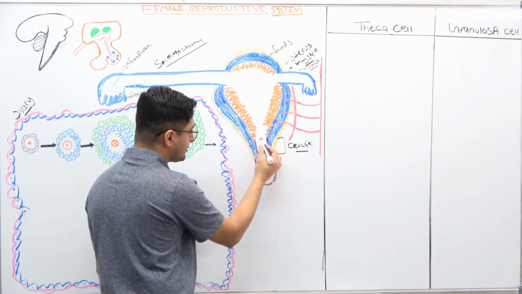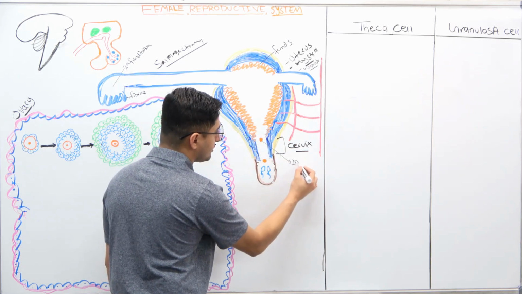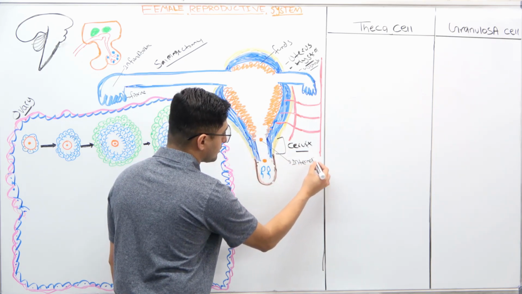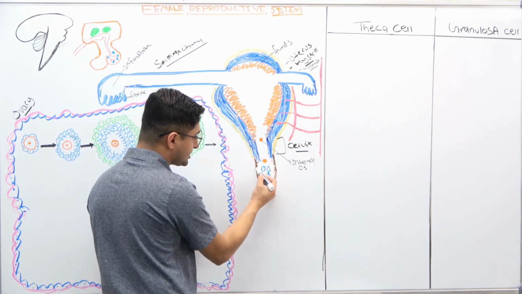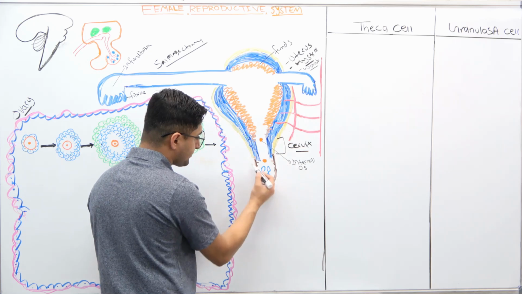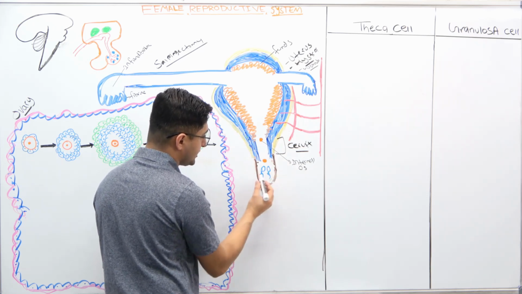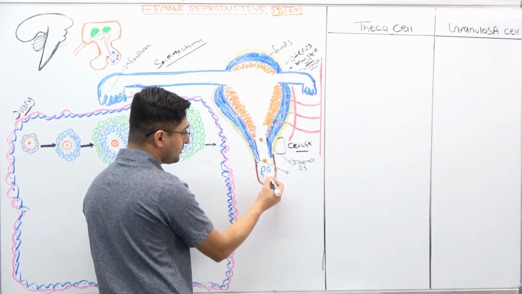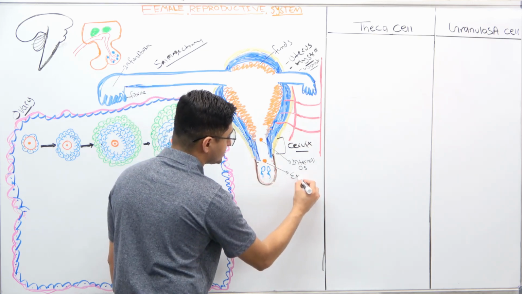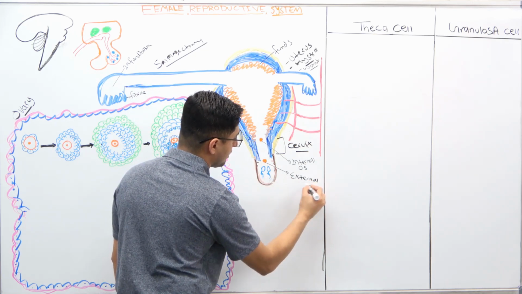This is the opening at the uterus, so we call it the internal os. And this cervix is opening at this. This is your vagina, okay? The cervix is opening at the vagina, and we call that the external os, okay?